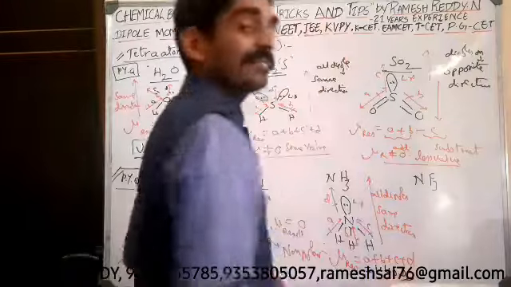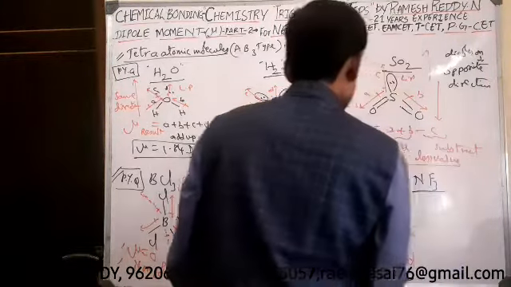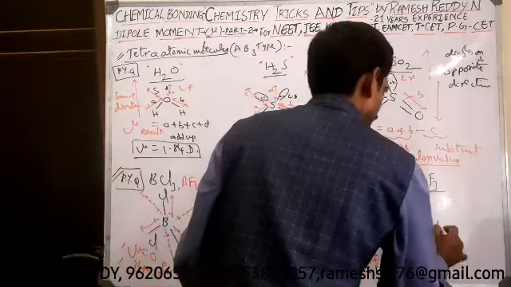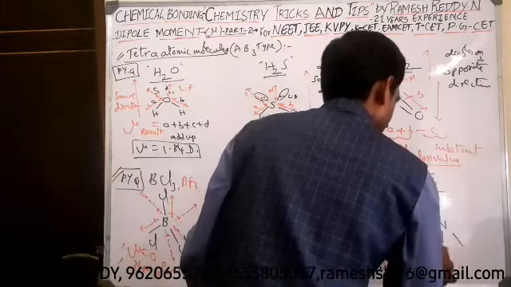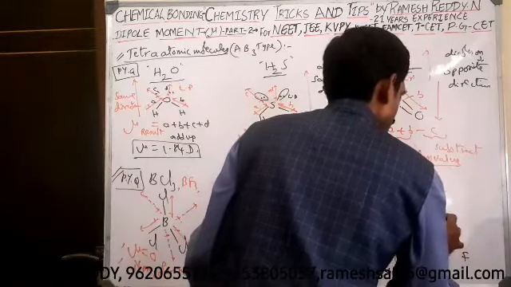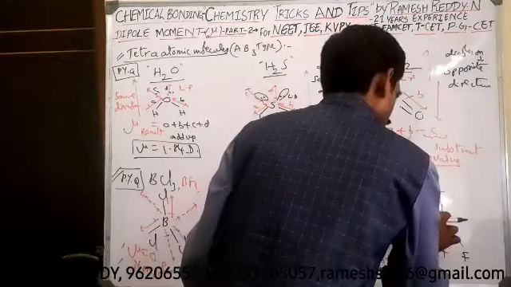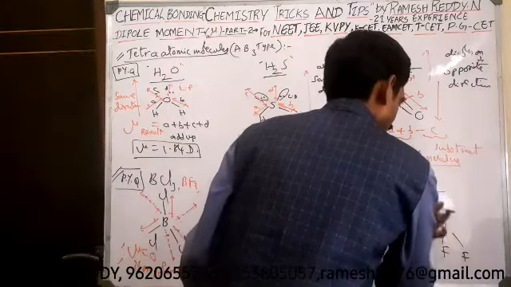But what about NF3, my dear students? In case of NF3, the central atom is nitrogen and it forms 3 covalent bonds with 3 fluorine atoms, and on the nitrogen, one lone pair of electrons is present. So now what happened here?